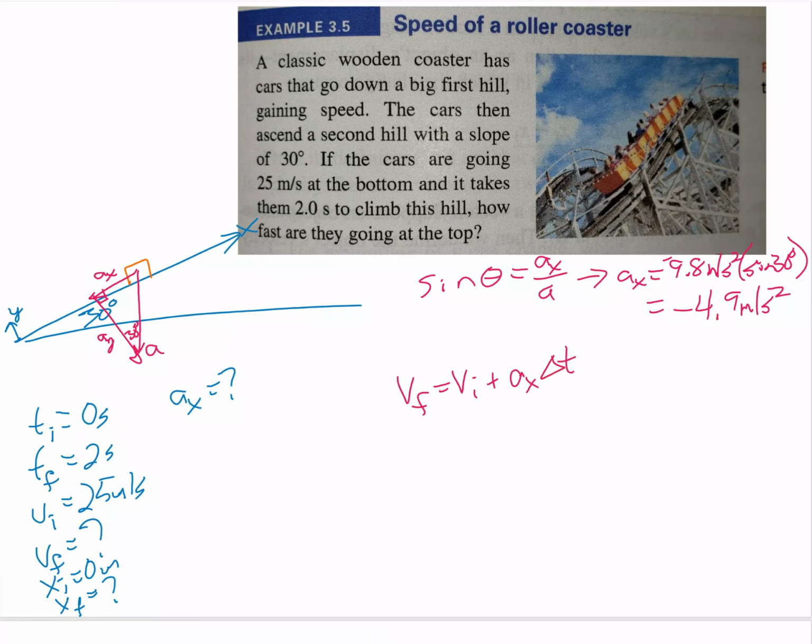Vi is 25 meters per second, plus acceleration in the x direction, negative 4.9 meters per second squared, times delta t, which is 2 seconds. So what do we get?